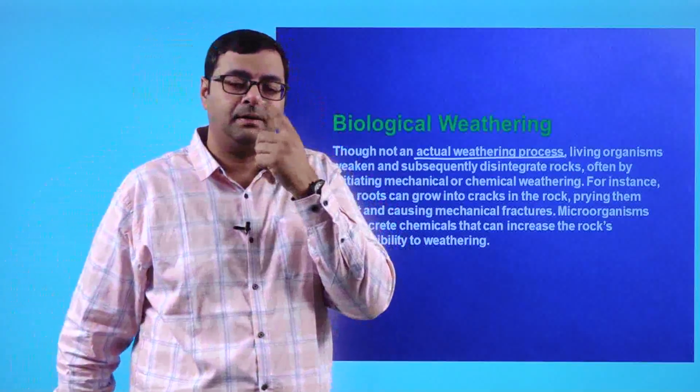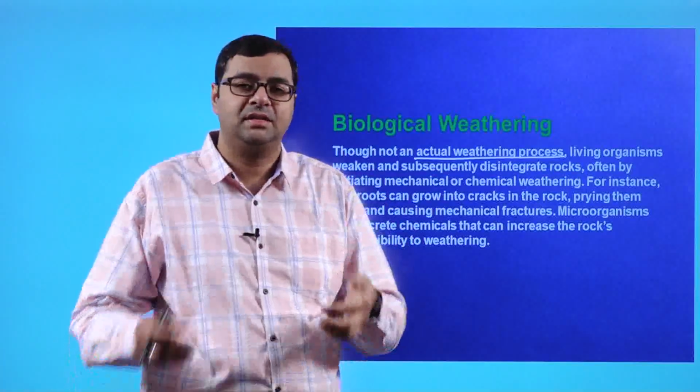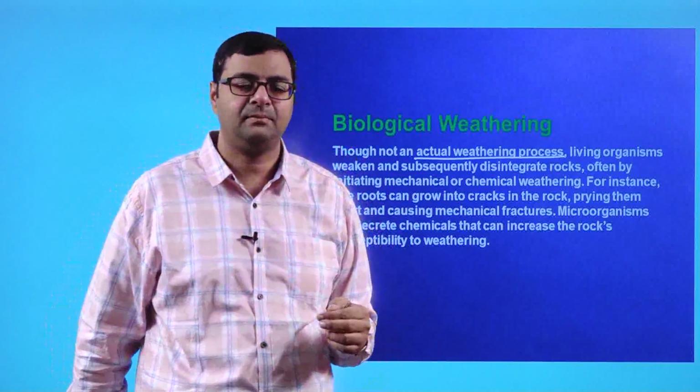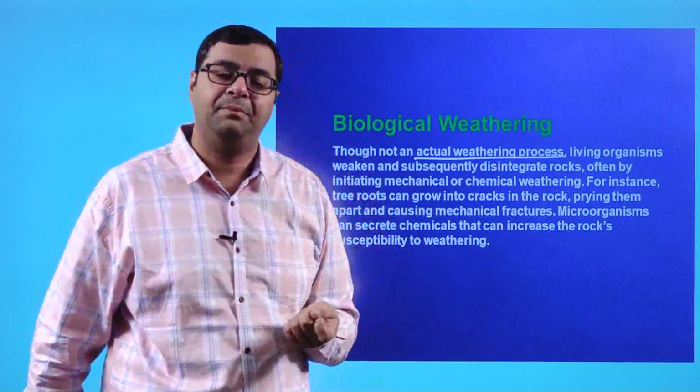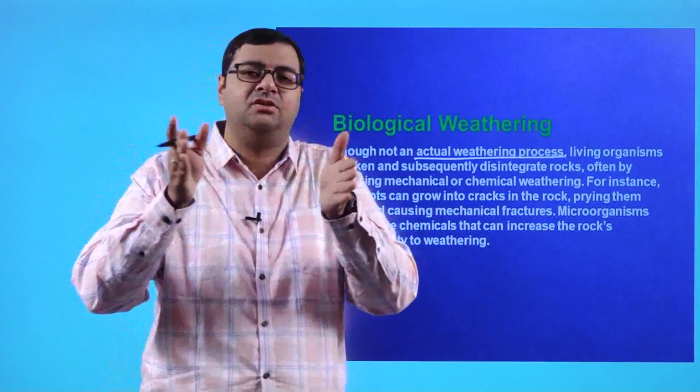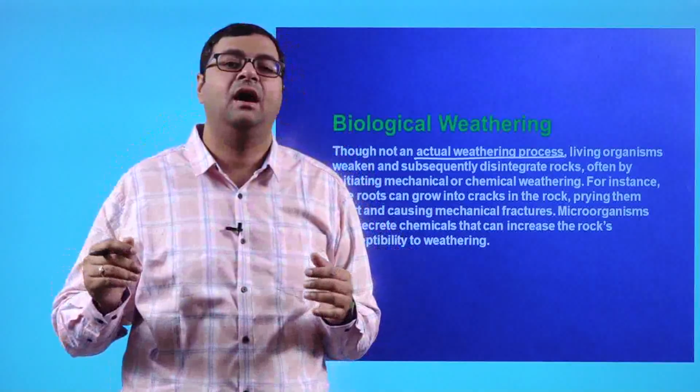When the plant roots enter into the crevices, they increase the gap, because even roots occupy space. Then, when they increase the gap, slowly the disintegration of the particular house starts.